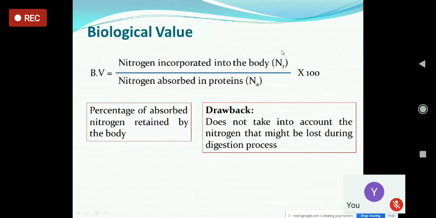So according to this formula, the value comes to be about 80, which is high. But there is error because major part of the protein, around 90 mg, does not enter the body for utilization. So that is why this biological value formula is not very useful, because it does not consider the amount of nitrogen that is lost during the digestion process.